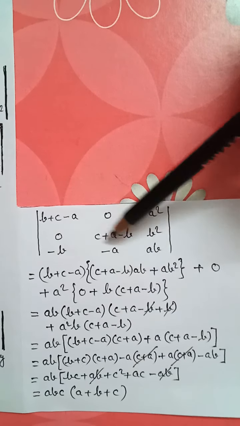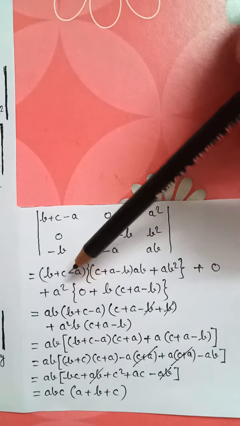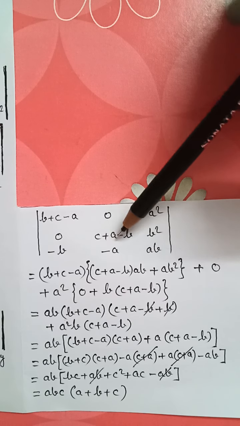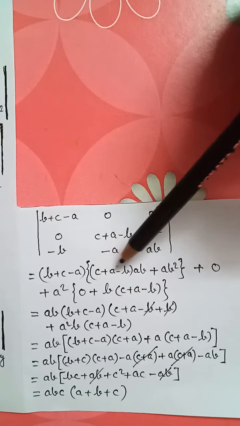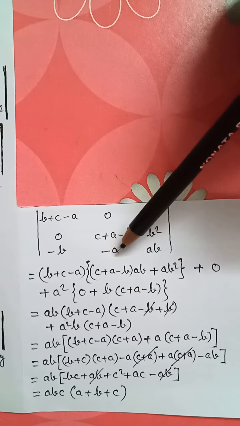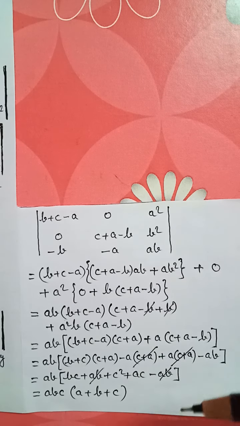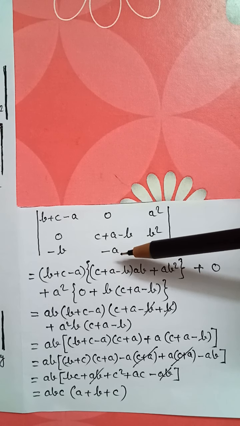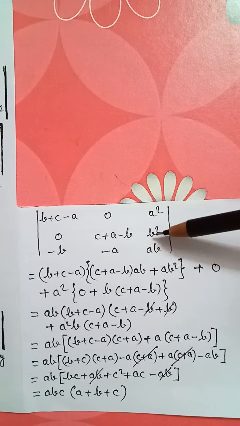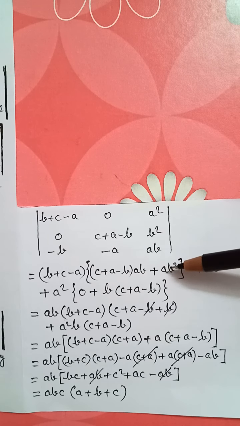we have this is B plus C minus A multiplied by its cofactor. That means AB multiplied by AB multiplied by C plus A minus B, C plus A minus B, minus of this product, minus AB square, and minus of that product, that is plus AB square.